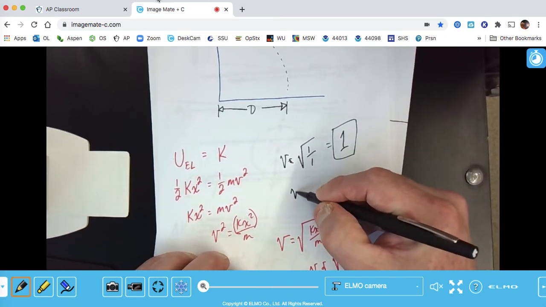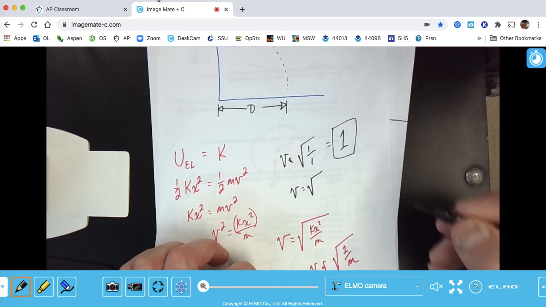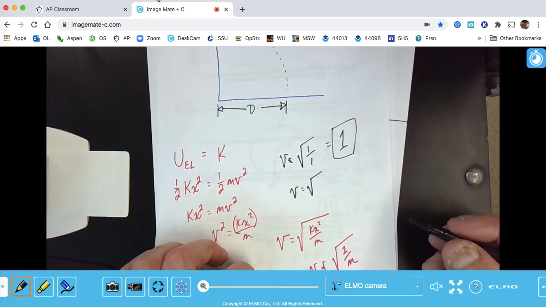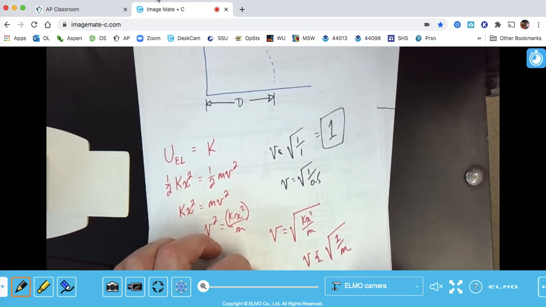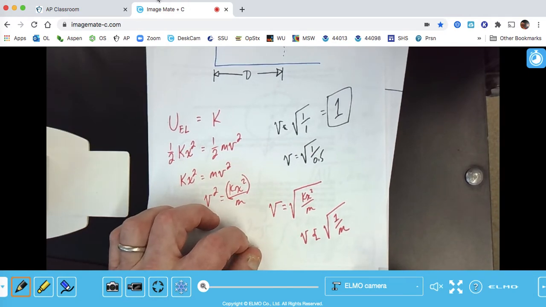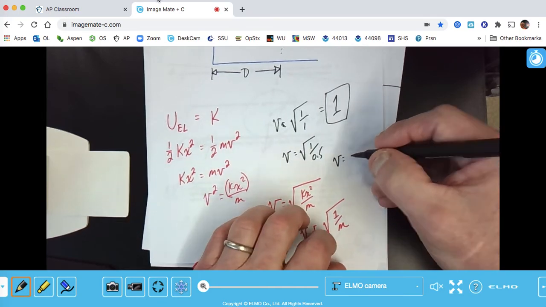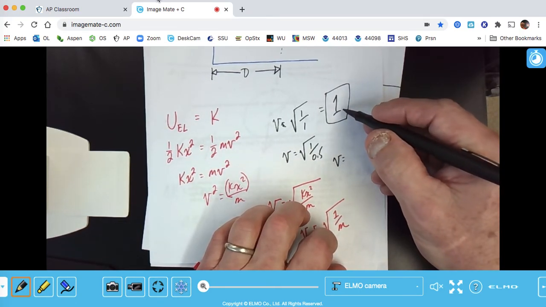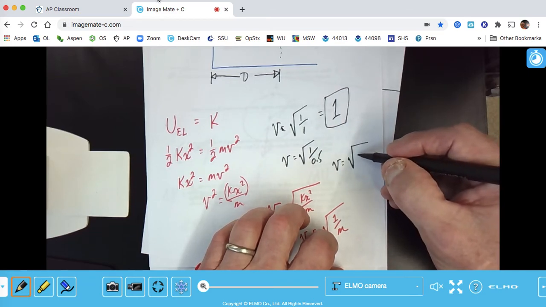What about the second velocity when we launch it with a lesser mass? Well, then it's going to be root. This is why I said that it's going to be a function of root 2, because the mass just got cut in half. So the new velocity is going to be, if the first velocity was 1, the second velocity is root 2.